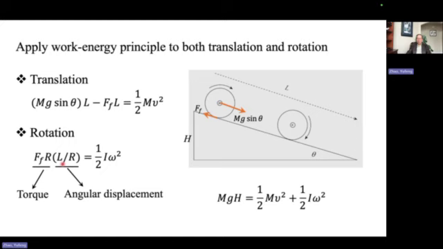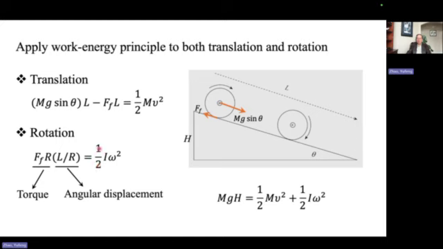And L divided by the radius of the cylinder, the total translational displacement divided by the radius, gives you the angular displacement. So torque times angular displacement gives you the work for the rotational motion. The work of the rotational motion equals the increase of the rotational kinetic energy.